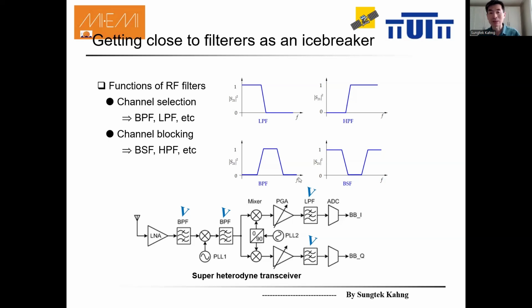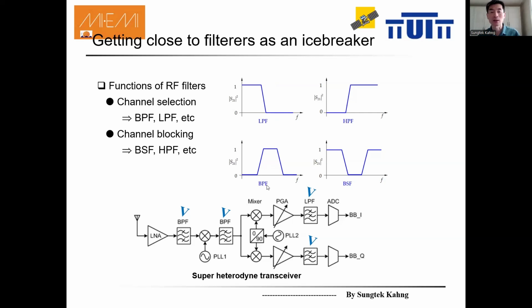Bandpass filters and bandstop filters can be built using resonators. But sometimes bandpass filters and bandstop filters are made as a mixture of low pass filter and high pass filter. But there are some limitations when you would like to increase the slope from the passband to the stop band without using resonators.